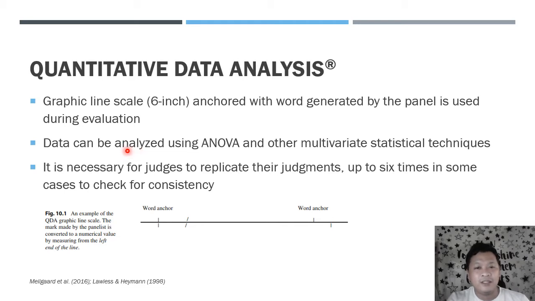Okay, and as with the previous descriptions, there are multiple replicates especially needed to check the consistency of the judges. So if you want to compare one panelist's performance, you look at his or her judgments across all of the replicates for the same sample.